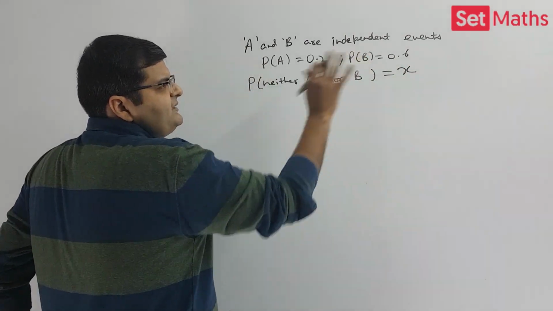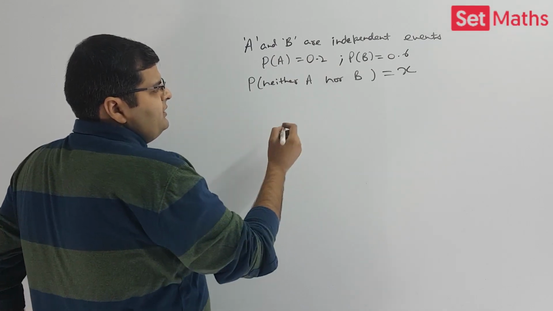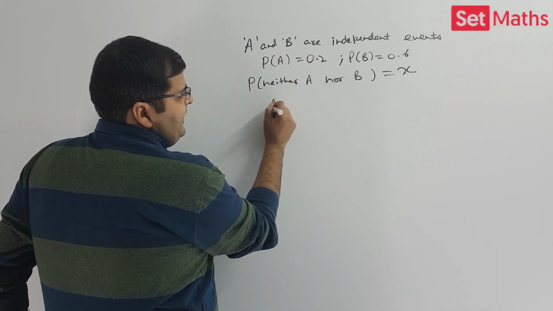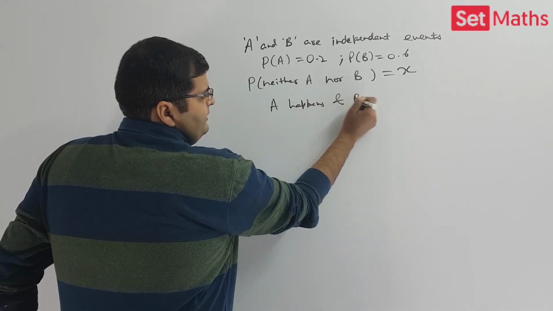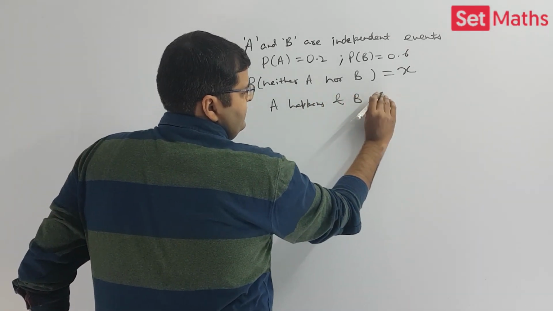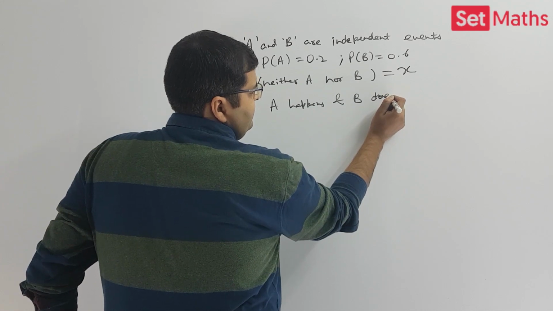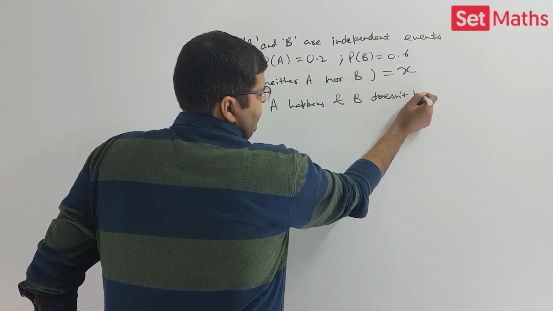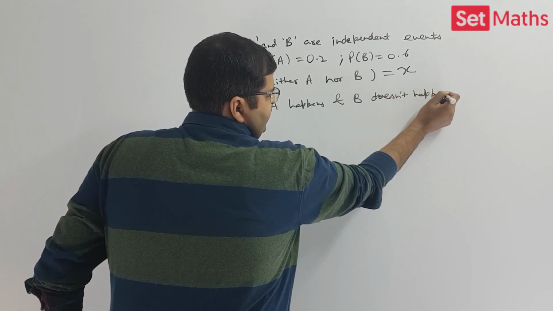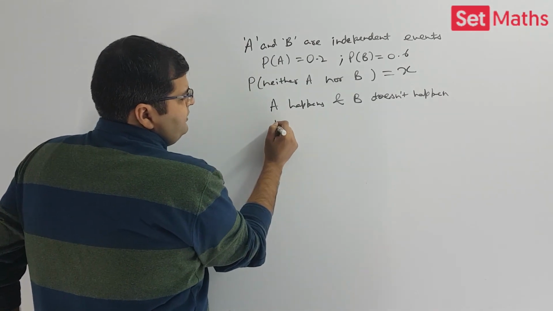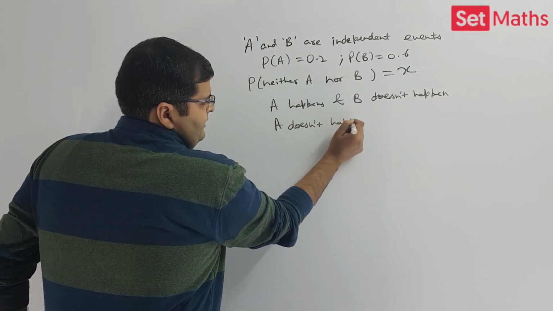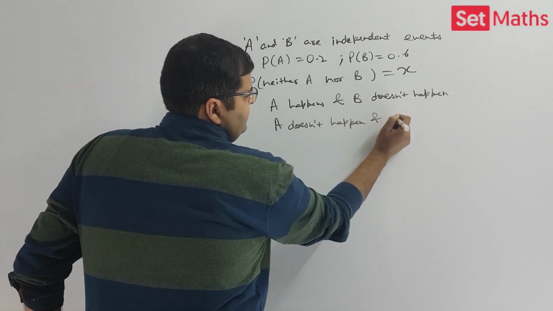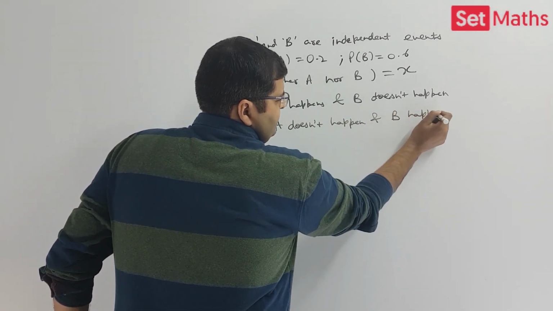Now if there are two events A and B, the possibilities that can happen are: A happens and B doesn't happen. This is one of the possibilities. Or the second possibility is A doesn't happen and B happens.